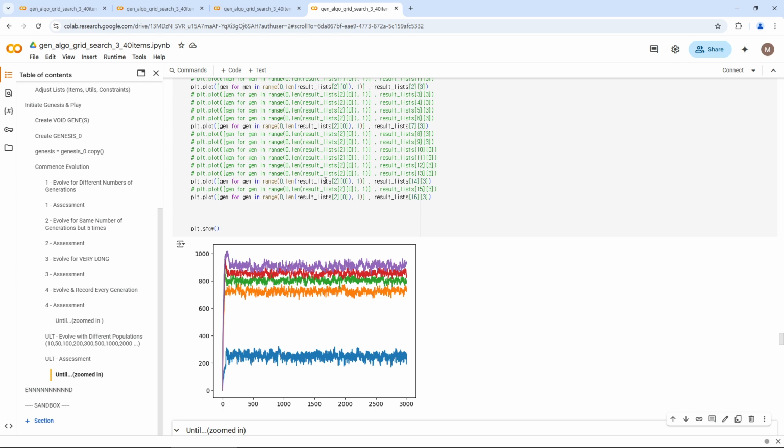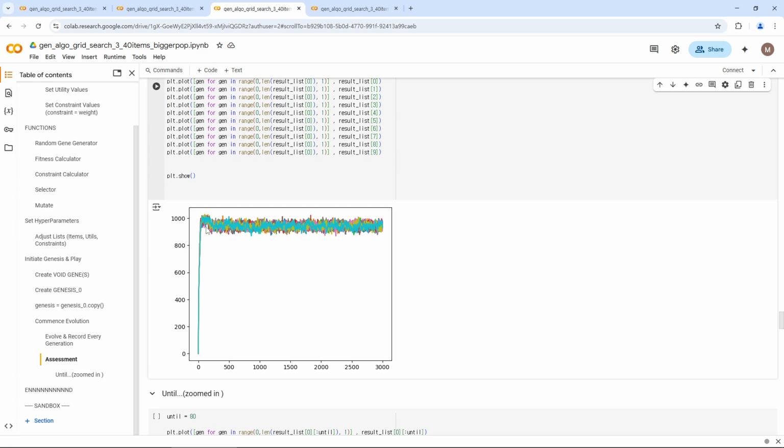So I don't know if these are actually a fair comparison, but for now I think this is good enough just to see that these dips occur, and a bigger population does tend to mitigate the dip, minimize or control the dip.